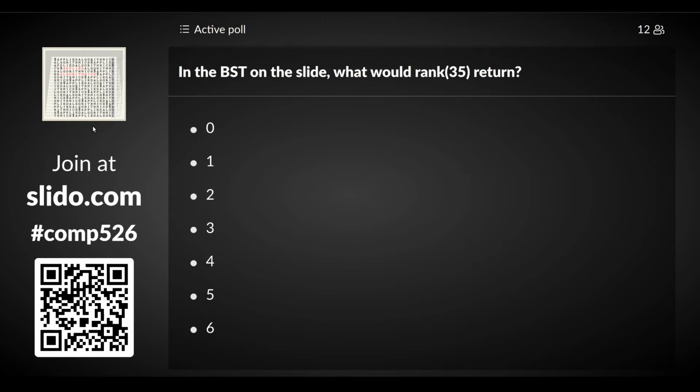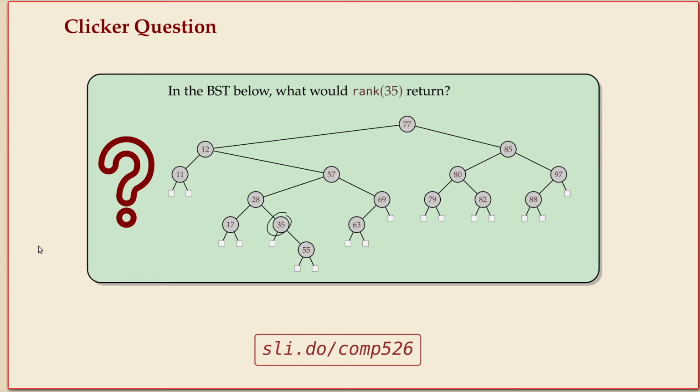There's a few more people in here. Should I rather show the tree again? You have to tell me if I'm asking you to work on an example that you can't see anymore.